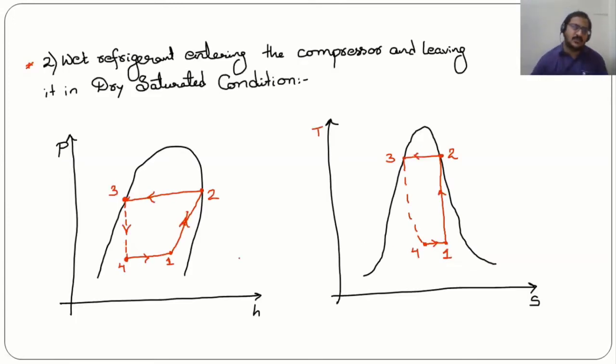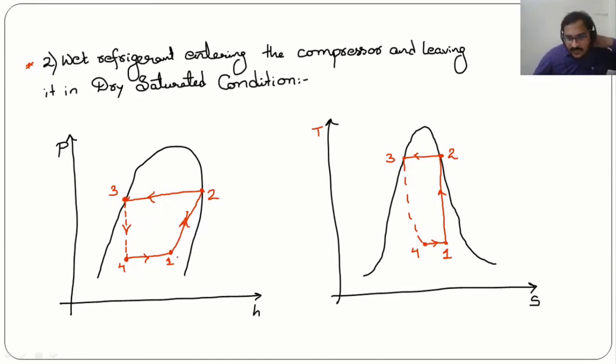Now in this case also, the formula of refrigerating effect, work input, everything is same, but the conditions H1, H2 and H4 will be different compared to the previous case. As a result of that, there might be a variation in COP compared to the previous case.